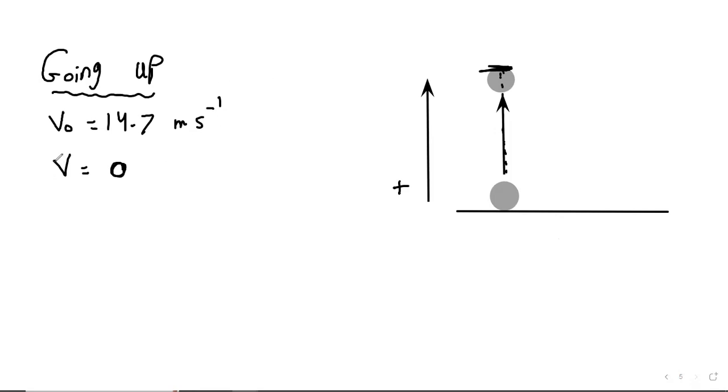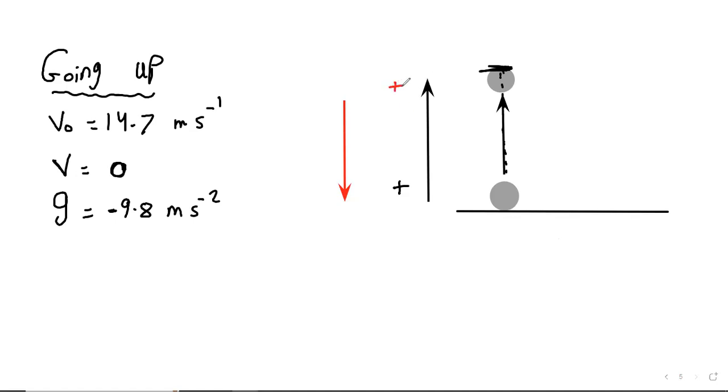So the V final is 0, and the acceleration, or the gravity, is negative 9.8. Why negative 9.8 meter per second per second? Because the direction of the gravity is downwards, and the positive sense of the movement is upwards.